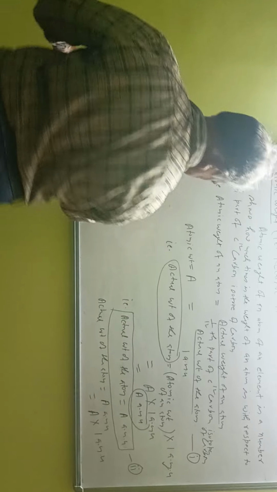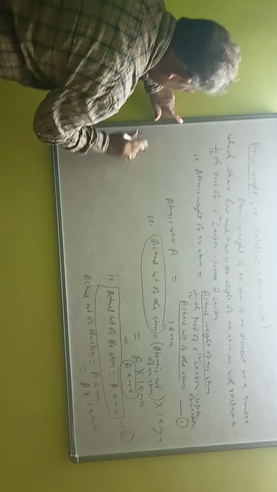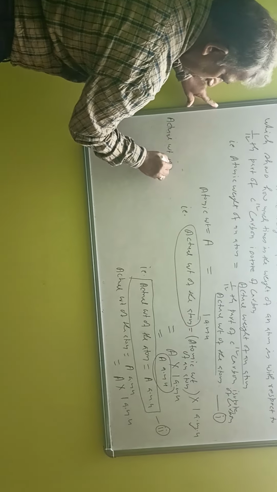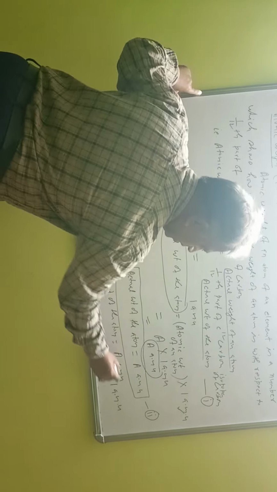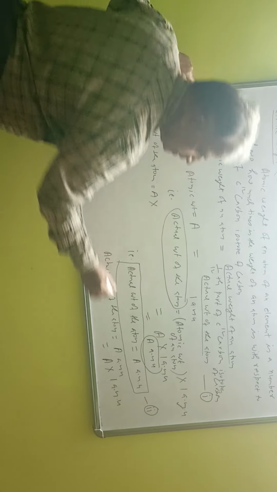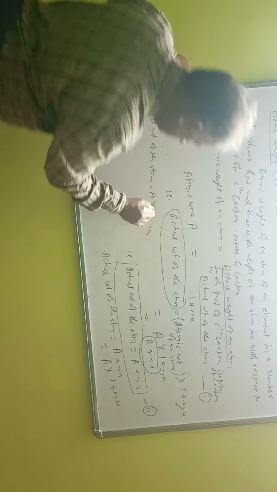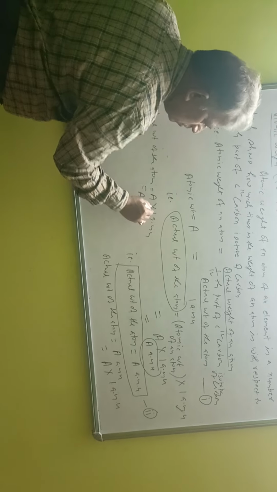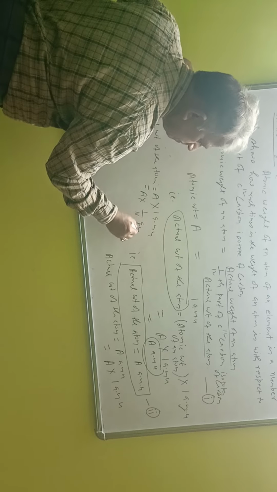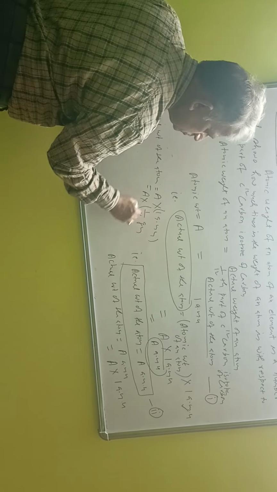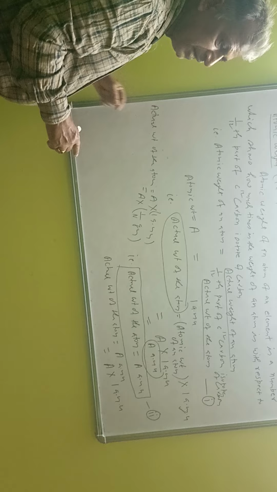The actual weight of the atom of an element is equal to A into 1 AMU, and here I am repeating the same thing, now put the values: A, and this is 1 by n, and this will be in gram. So 1 AMU is equal to 1 by n gram according to the previous first part of the mole concept.